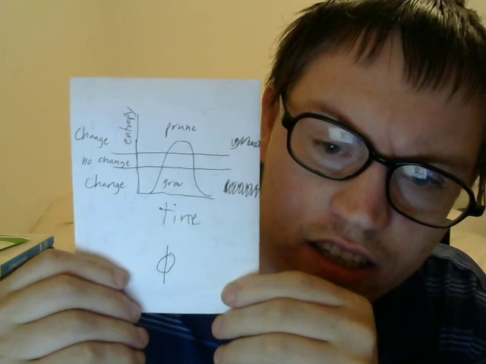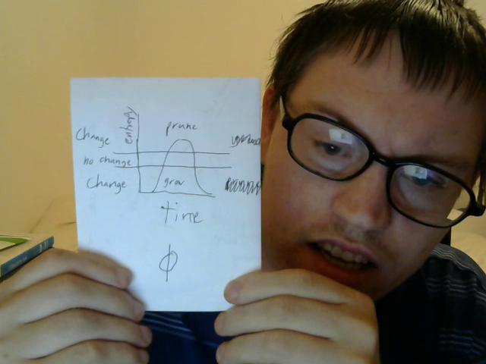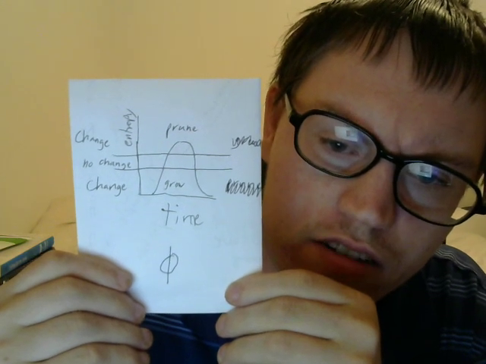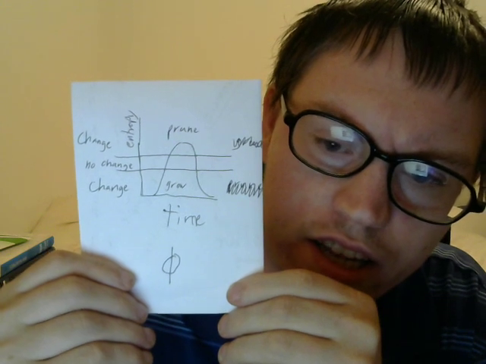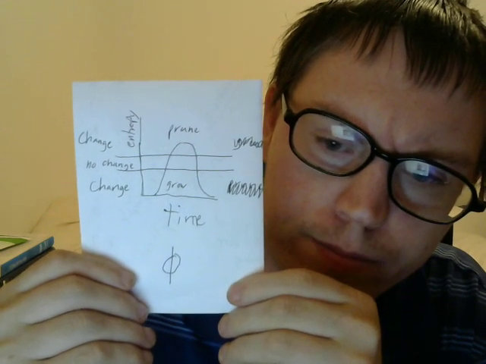So let's say that it's staying above 60%. Then it starts pruning them.